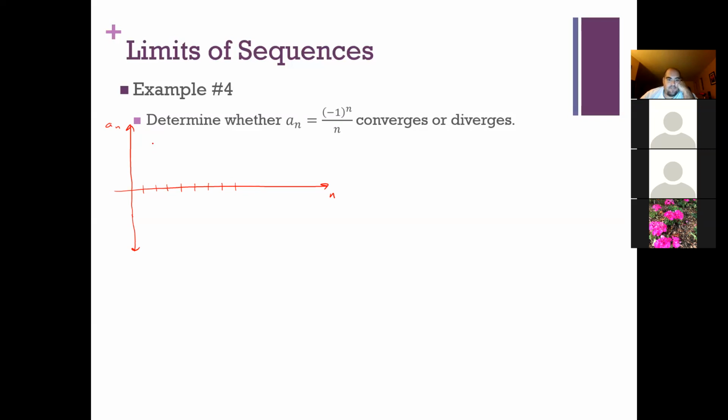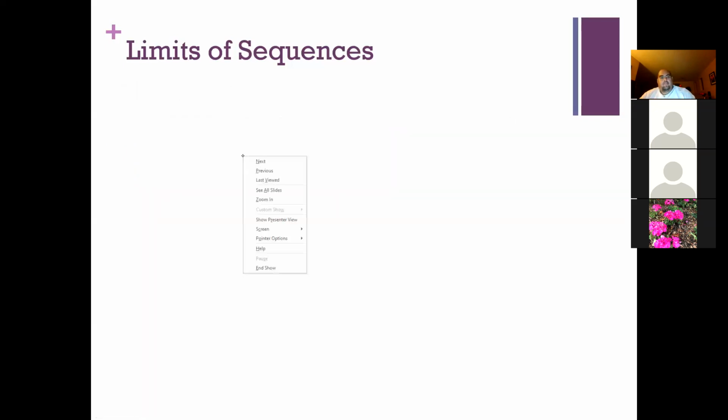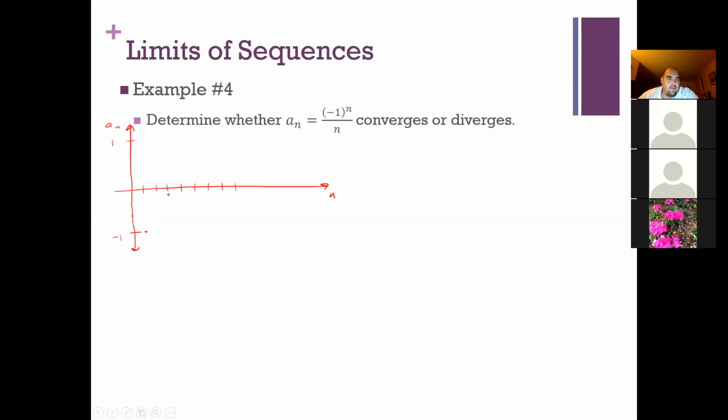So let's see, my first term is going to be -1. My second term is going to be +1/2. And then the next one's going to be -1/3.